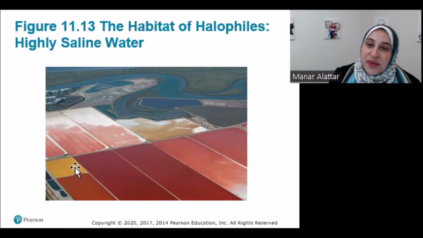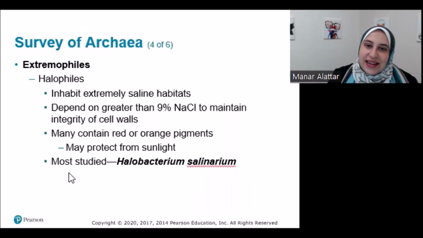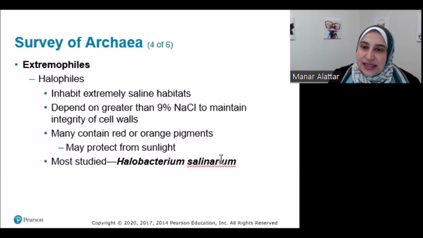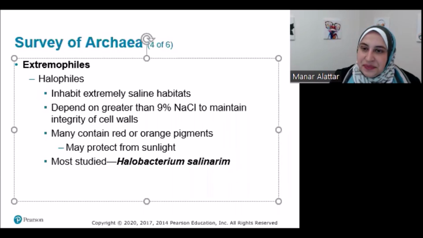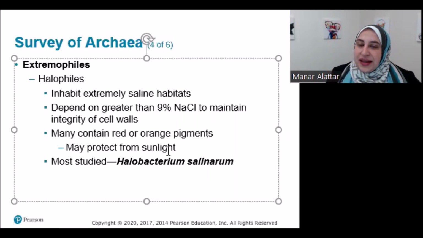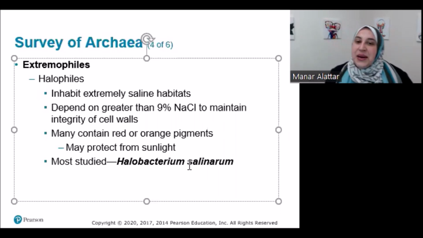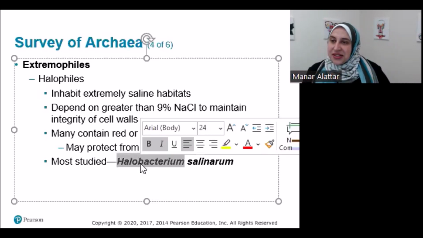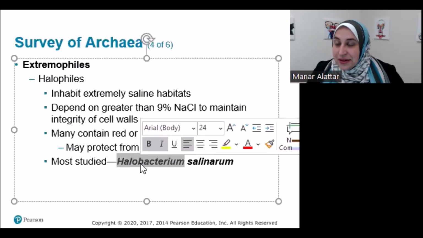So very beautiful. Something that you'll notice from the name of the organism, Halobacterium salinarum: Halobacterium, because we had originally thought of these organisms as bacteria.